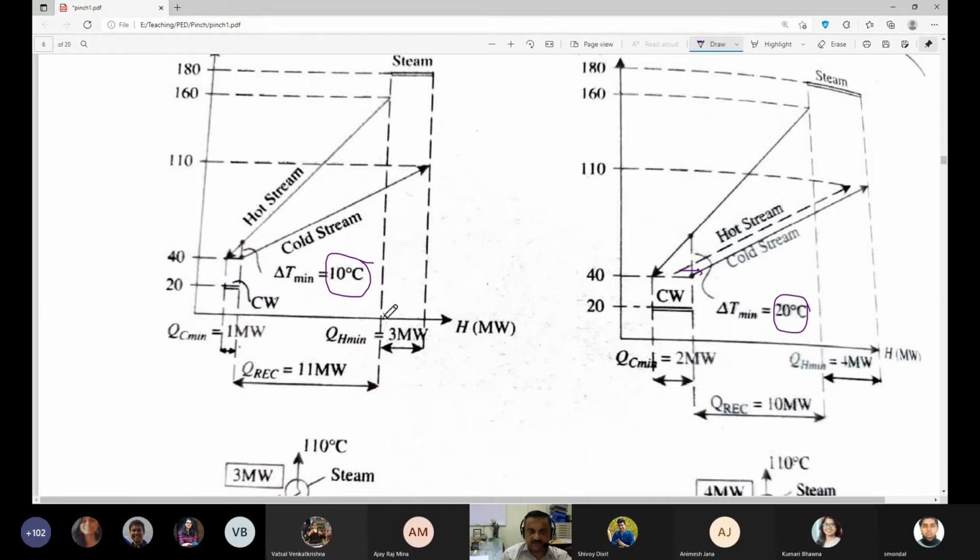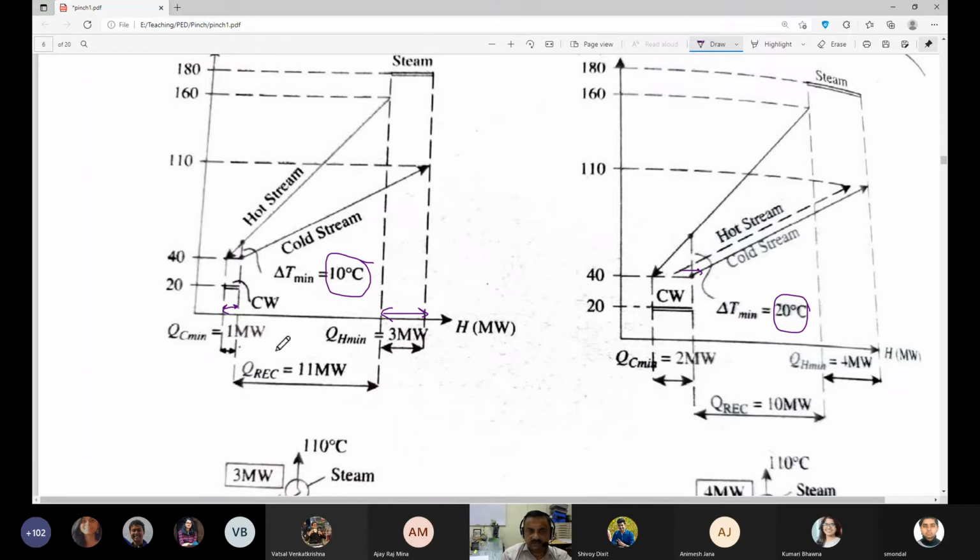That is basically this distance, how many megawatt you have here and how many megawatt you have in this range. From the graph you can generate these values.